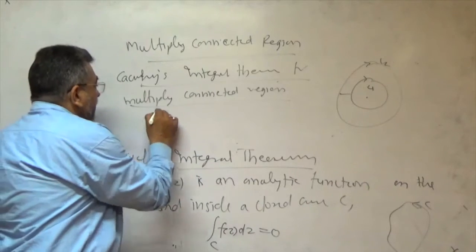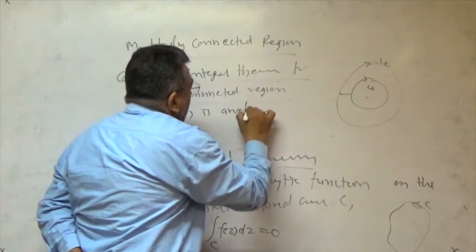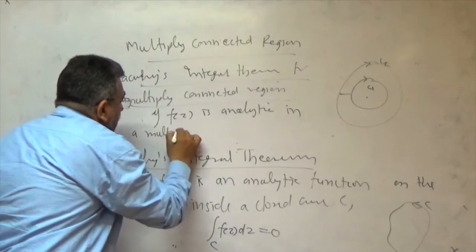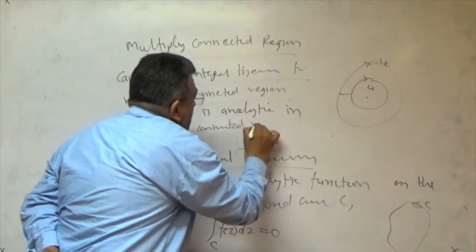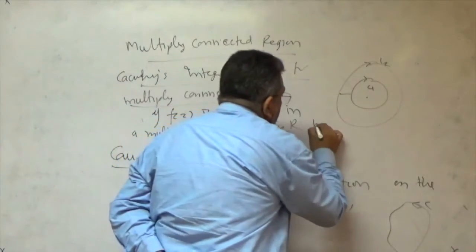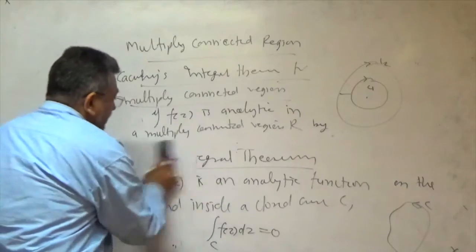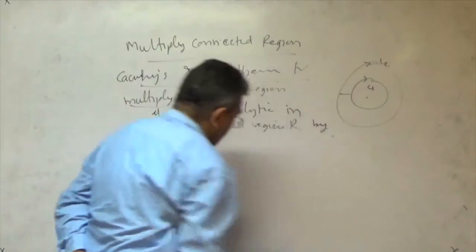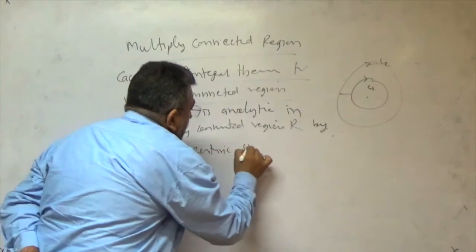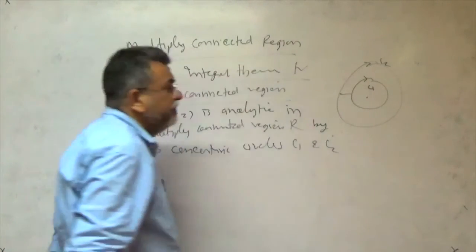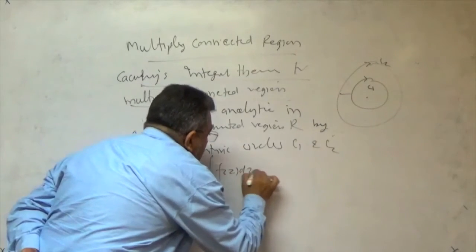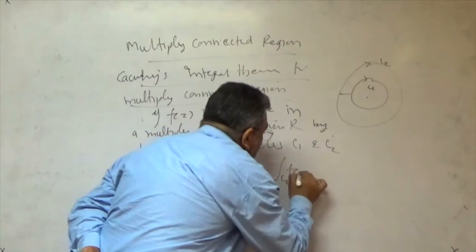What is this? If f(z) is analytic in a multiply connected region R bounded by two concentric circles C1 and C2, then this theorem states that the integral over C1 of f(z) dz is equal to the integral of f(z) along C2.